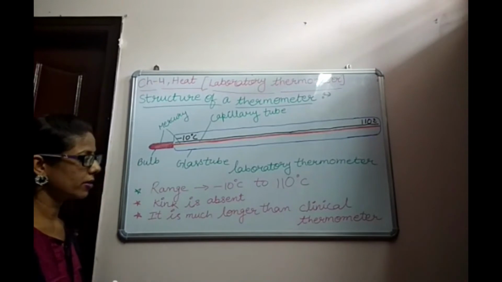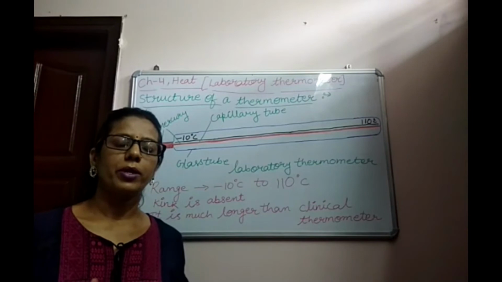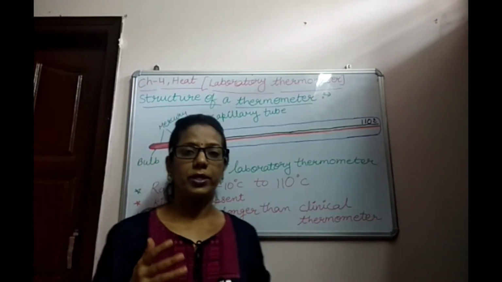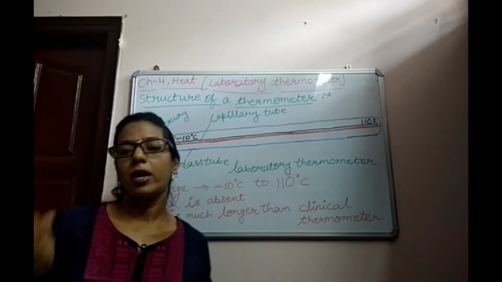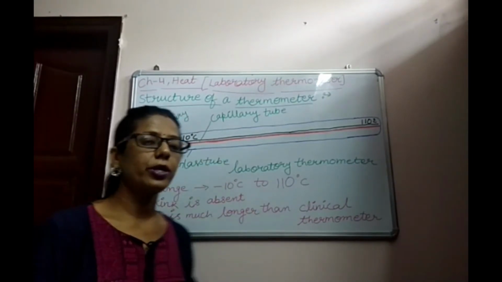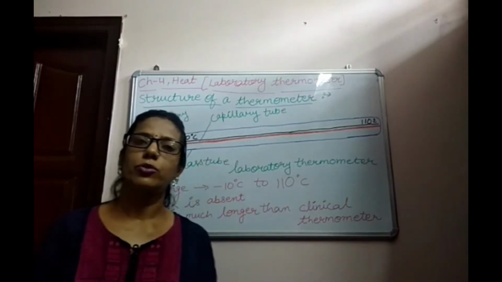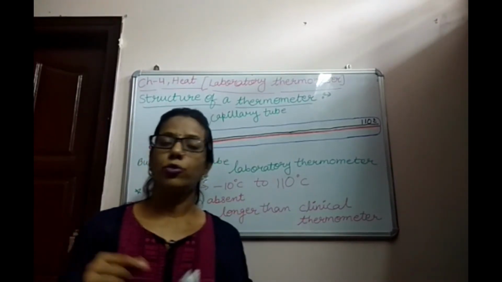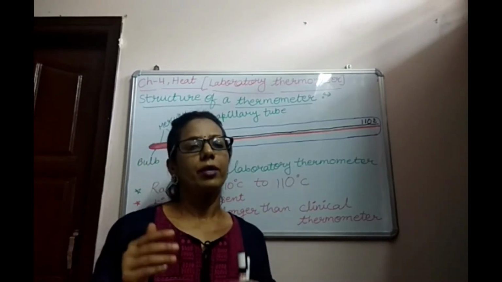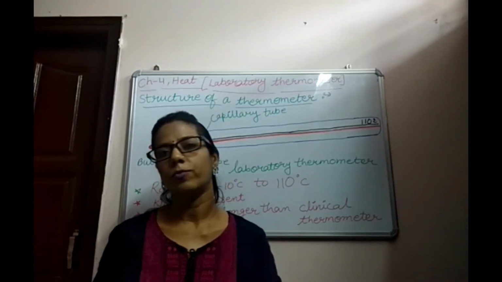And it is not convenient to use a laboratory thermometer for measuring the temperature of humans and animals' bodies, because for that we have to take the thermometer out of their mouth, but the laboratory thermometer should be in contact with the substance. So we can measure the temperature only of substances other than humans' and animals' bodies.